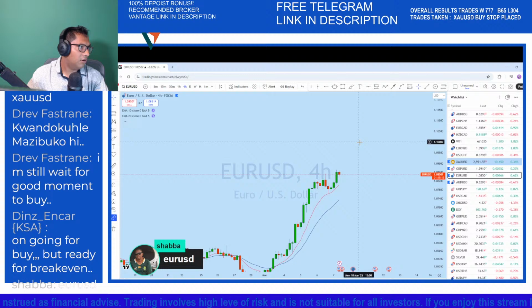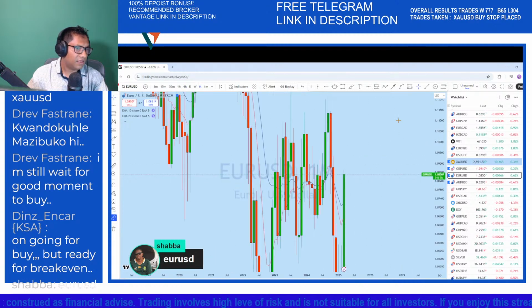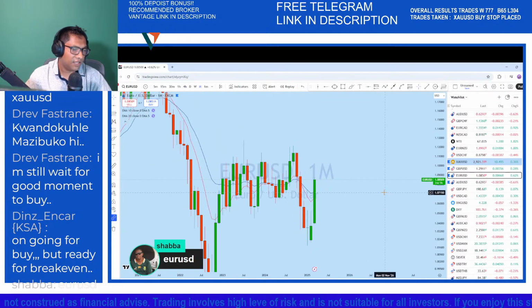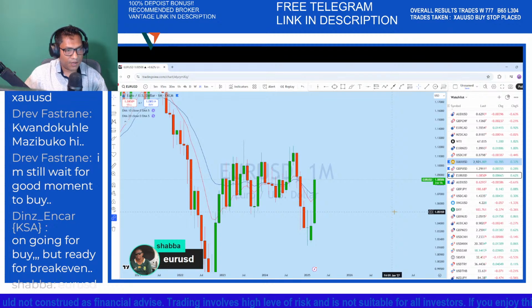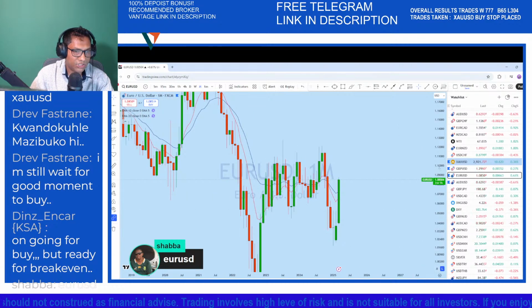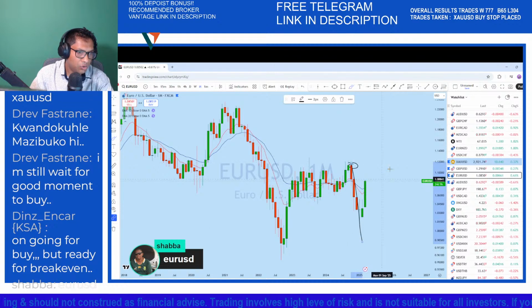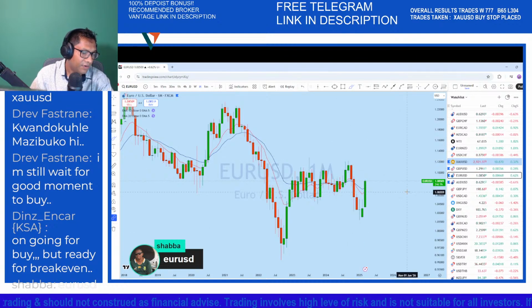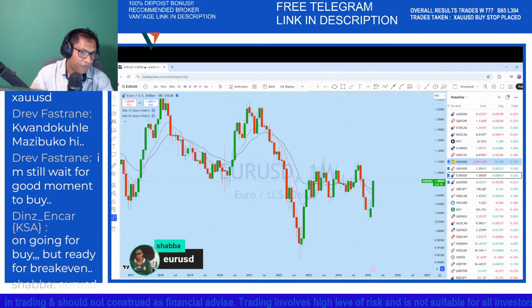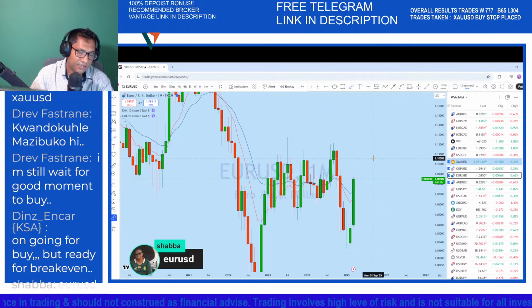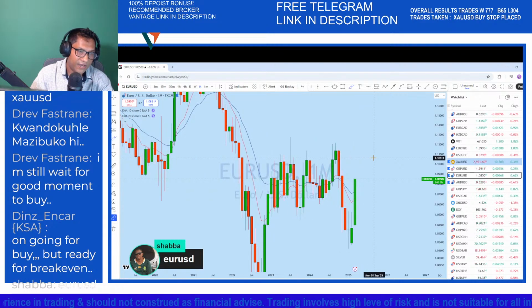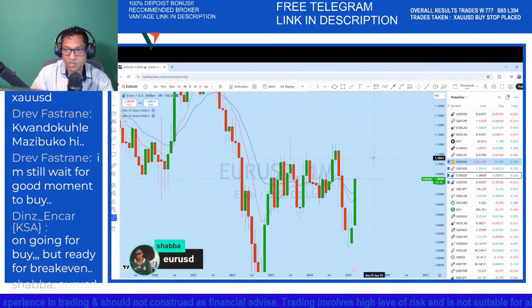So looking at Euro dollar, if we look at the monthly here, we can see that this is a bullish market on Euro USD. I'm going to do a multi-time frame analysis. Multi-time frame analysis is very important, as from it you'll see the long-term direction of the trend.